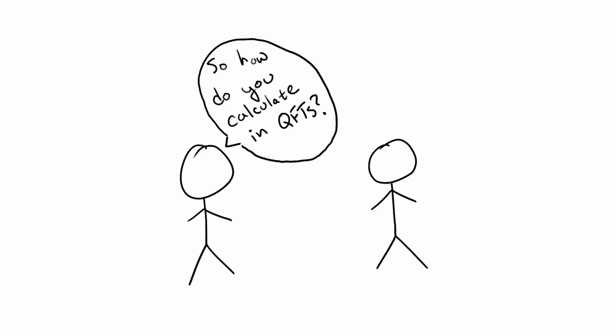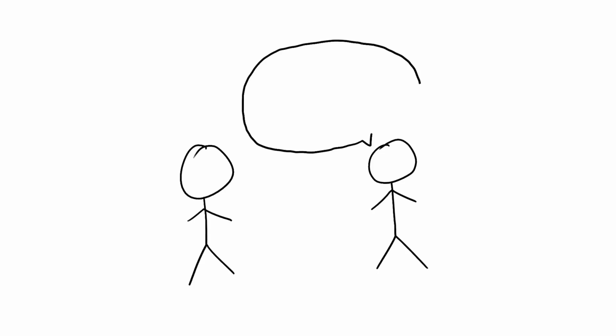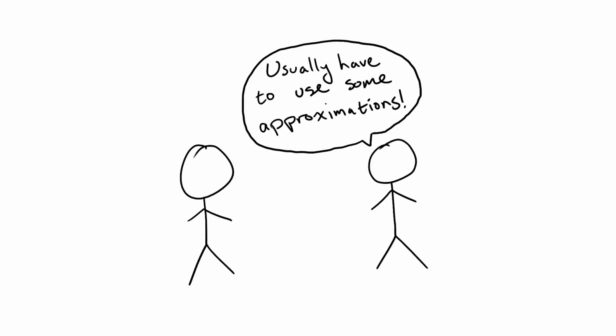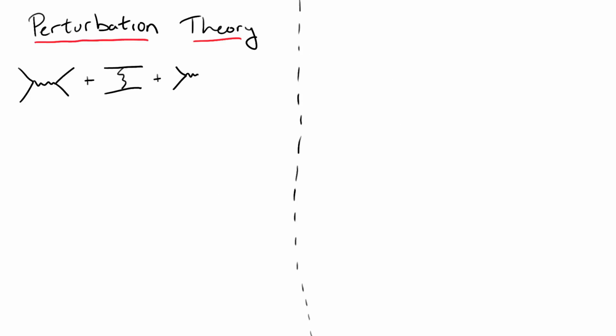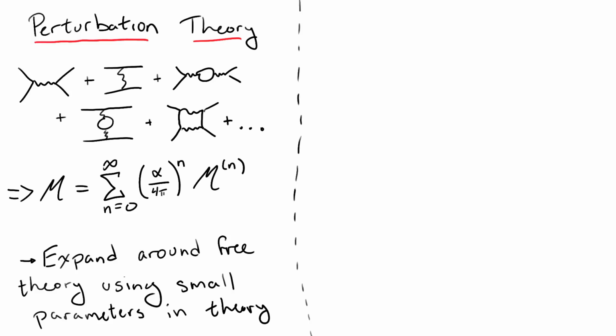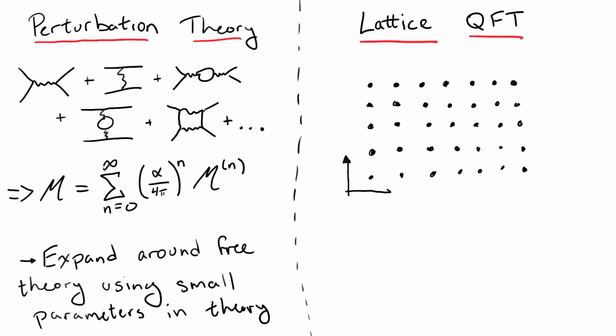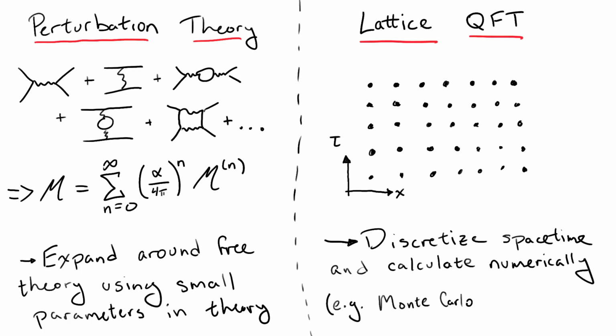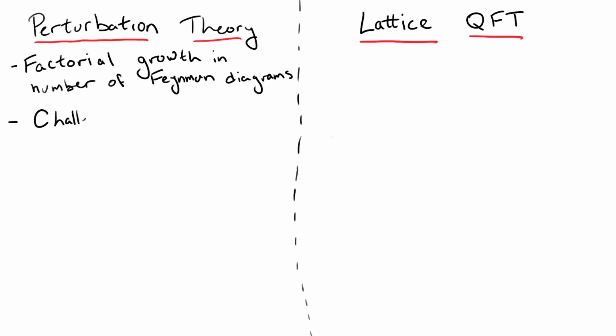In fact, it's actually not known in general how to analytically compute the particle spectrum of an interacting QFT, so we have to resort to some approximation techniques such as perturbation theory, where one assumes that the exact results can be expanded in a series in a small parameter of the theory, where each individual term is calculable, or lattice computations, where space-time is split up into discrete points, and observables can be numerically calculated using a variety of computational methods. However, even these approximations are no walk in the park.